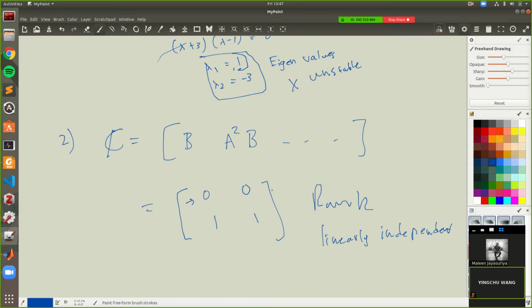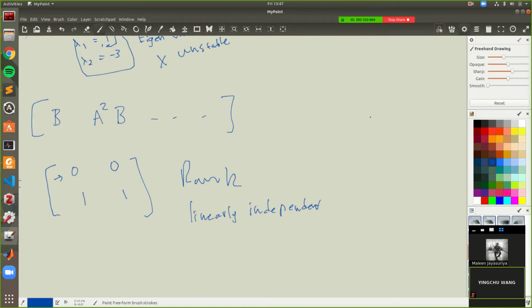For example, if I had a matrix like this, this row is linearly independent from this row because you can't form this row from this row. Again, these two are linearly independent from each other.